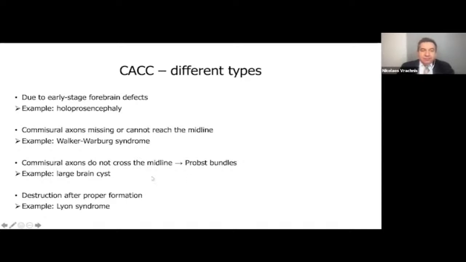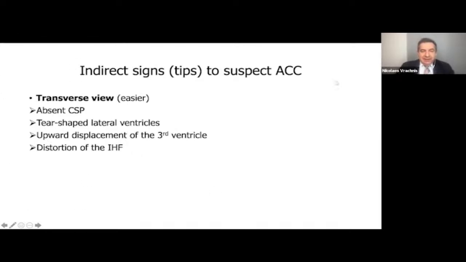There may be commissural axons that do not cross the midline, like Probst bundles, and this is an example where a large brain cyst is there and has developed this formation. Or there may be a destruction after proper formation, like in tumors or like Lyon syndrome.